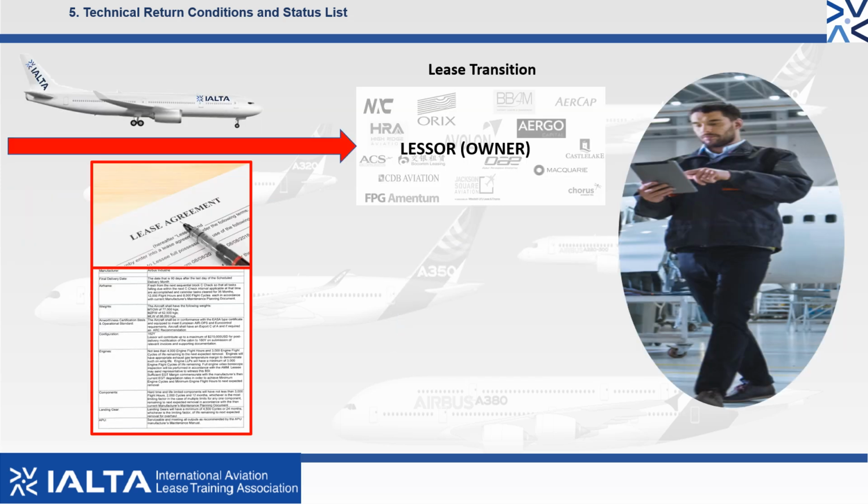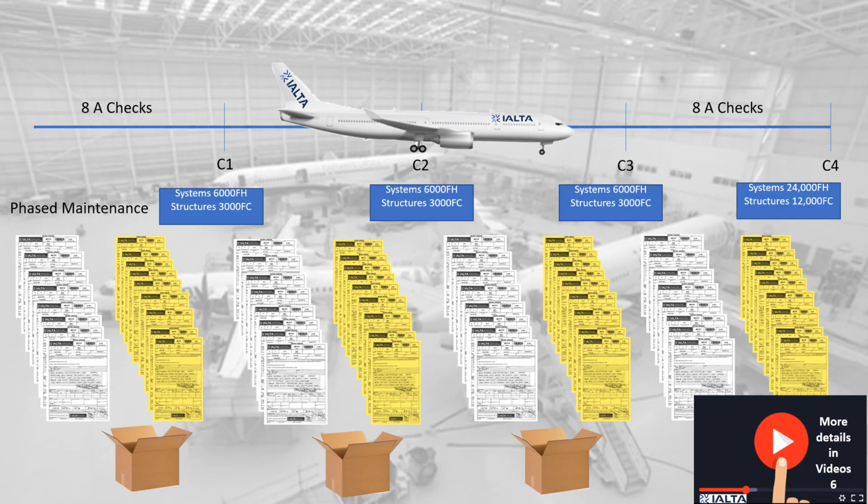Over the next number of slides, we will give a high-level introduction to the technical return conditions that the technical records consultant would extract from the lease contract to ensure that the aircraft is returned in a suitable condition for its next lease. In video number 6, we will learn about the last done next due document, or LDND.